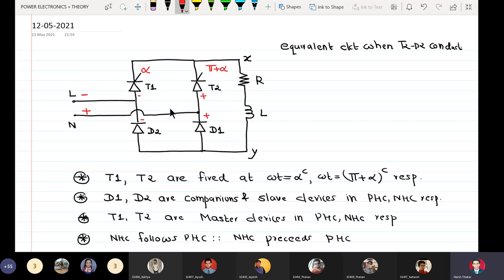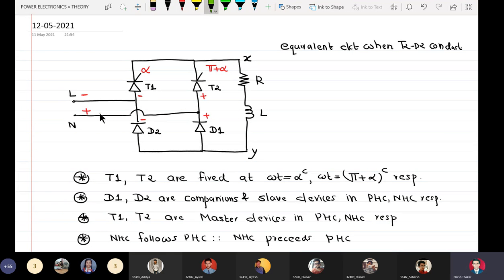Okay, so we see here, with the line being negative with respect to neutral, T1 and D1 are reverse biased, so they're out of the circuit, they are open circuit, and T2, D2 is conducting. So now students, the current will flow like this.